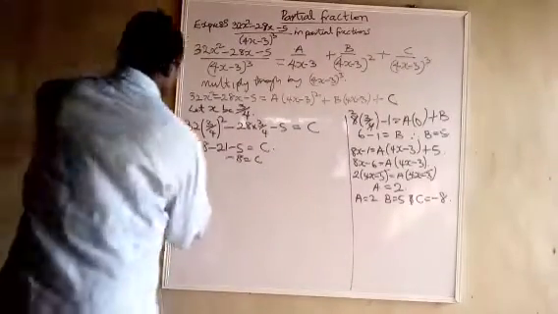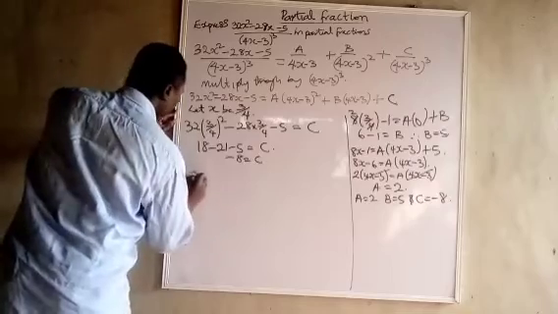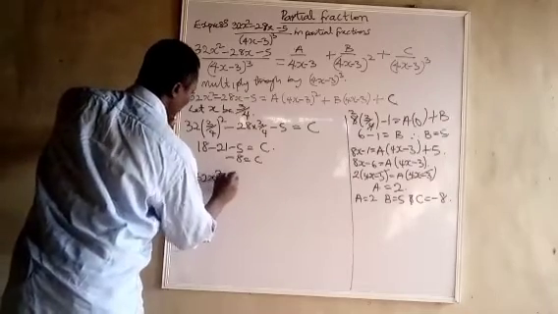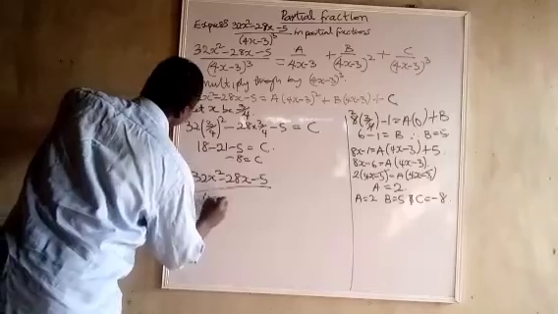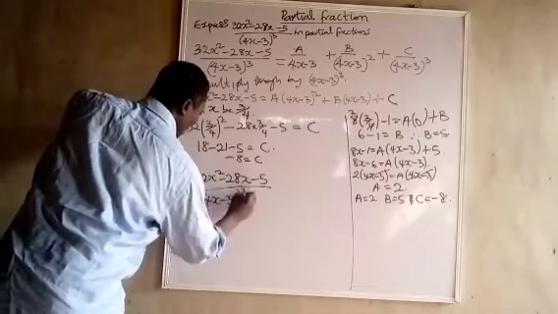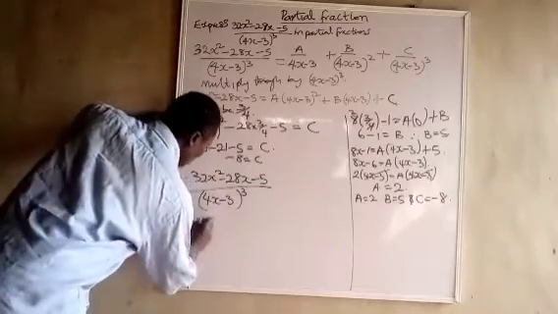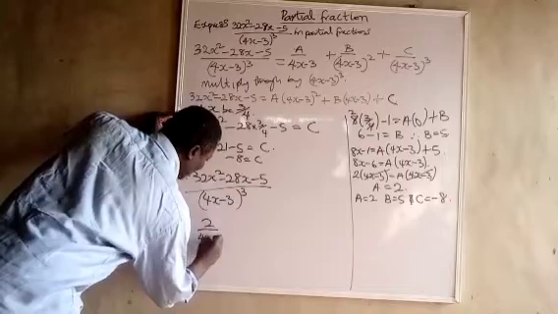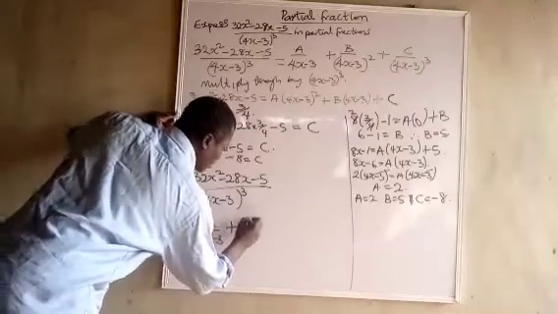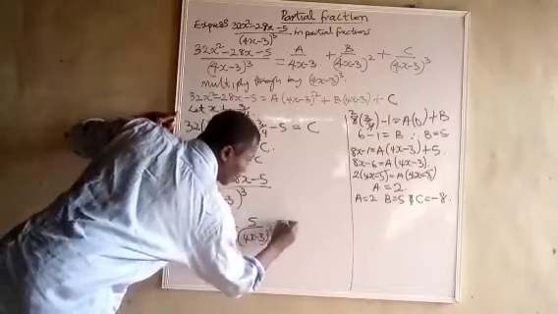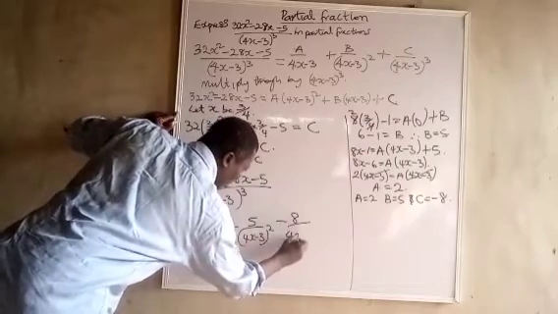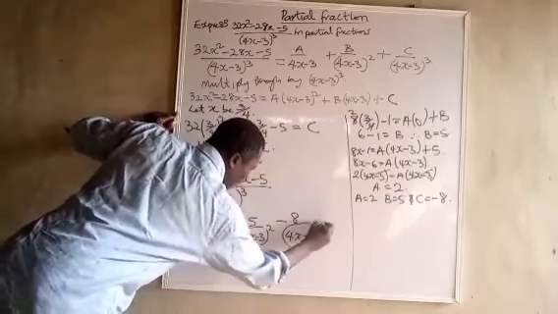Therefore, 32x squared minus 28x minus 5 divided by 4x minus 3 all cubed can be expressed as 2 over 4x minus 3 plus 5 over 4x minus 3 squared minus 8 over 4x minus 3 all cubed.